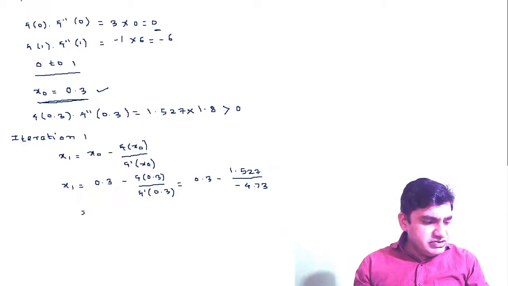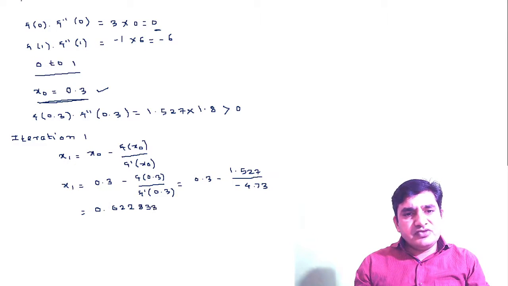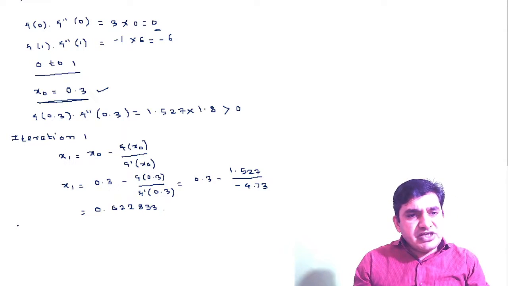After solving this, we get the value of x1 as 0.622833. Now we have to find the second iteration.